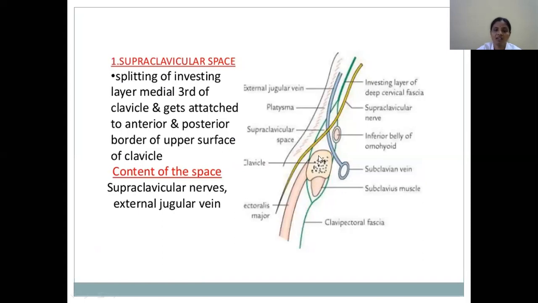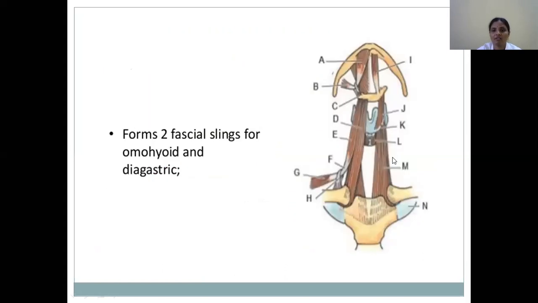Some of the authors say the clavipectoral fascia is an extension of the fascial sling of omohyoid. And this fascial sling for the omohyoid is actually a thickening of the investing layer of the deep cervical fascia. So this is important, you have to know. It forms the two fascial slings for omohyoid and digastric muscles.